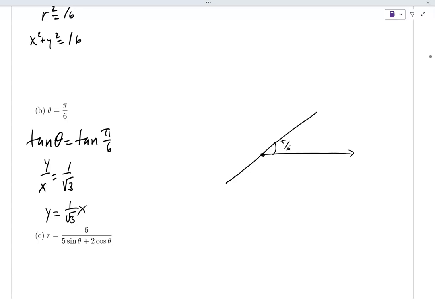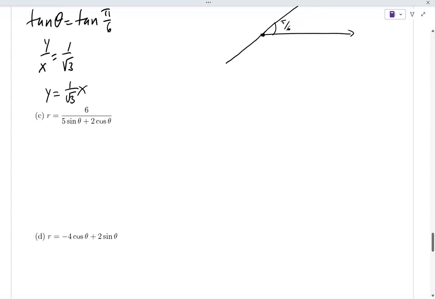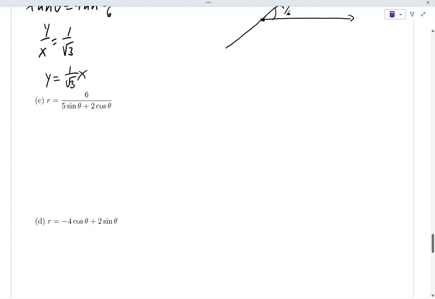Let's look at this next one, where we've got r equals 6 over 5 sine theta plus 2 cosine theta. Now, again, we said that if we have r involved, we might think about trying to get r squared involved so we can use that first formula.